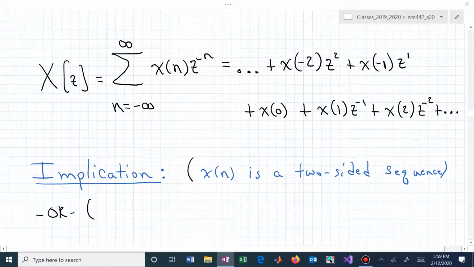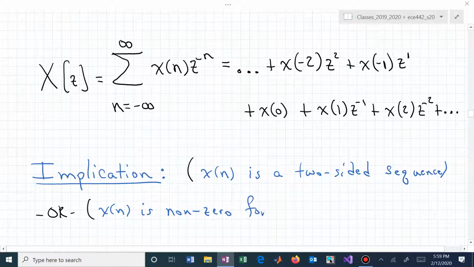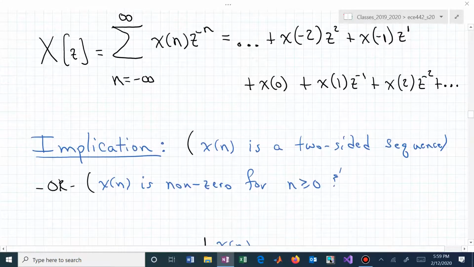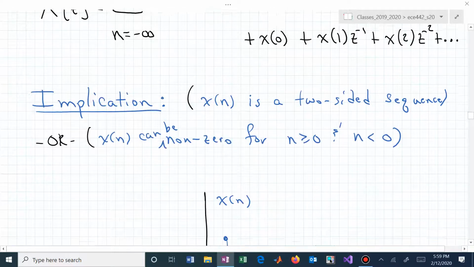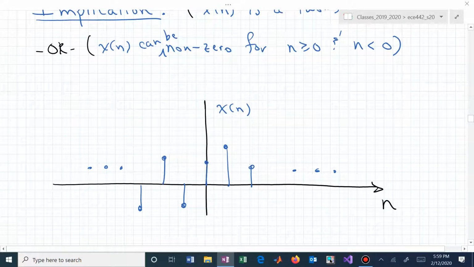X of n can be non-zero for n greater than or equal to 0 and n less than 0. And a picture of that could be this.